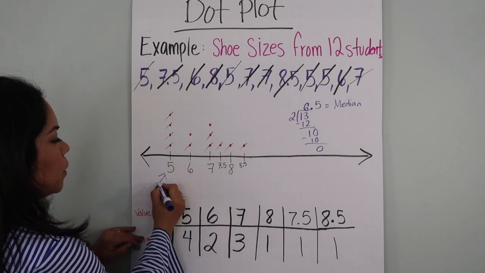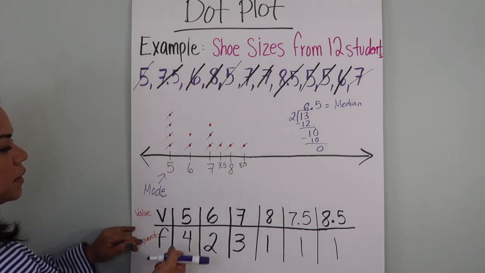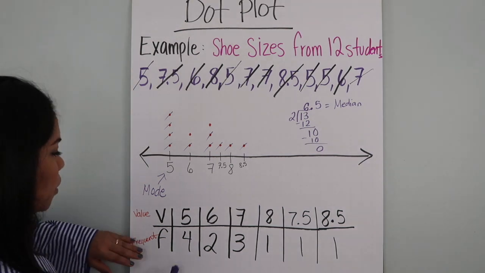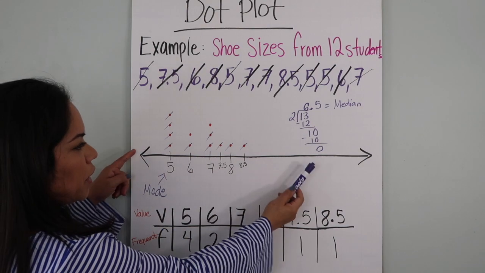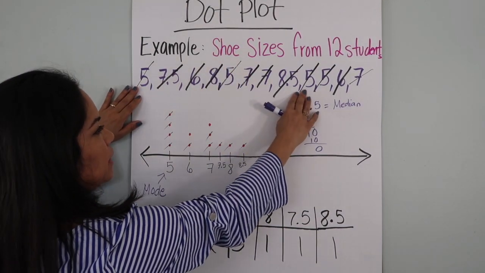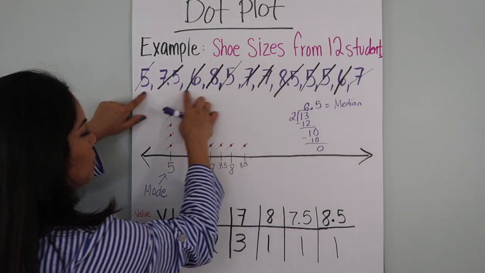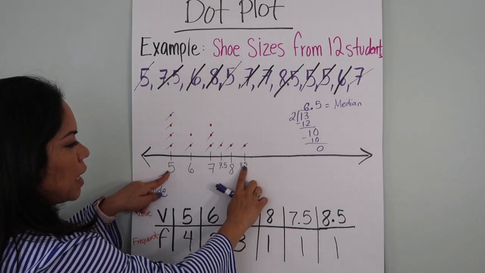And we say that the mode is 5 because it's the number that repeats the most. You don't need to create the frequency table to be able to create the dot plot, okay? When you have the data, you can just find the min and the max. The minimum is 5, the smallest number, and the largest number is 8.5.